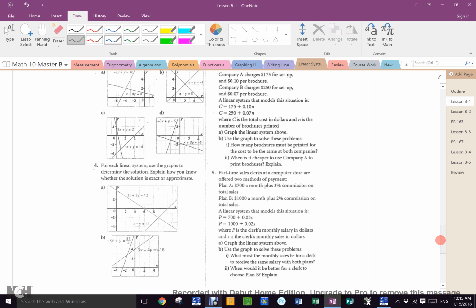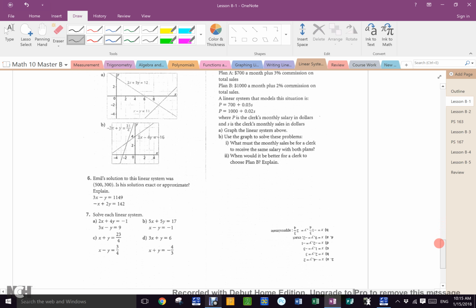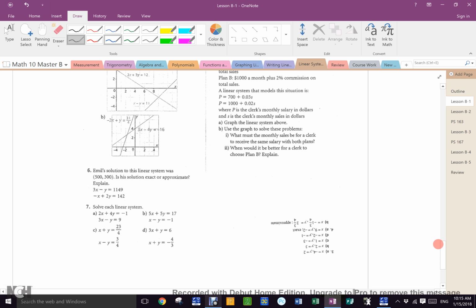And of course, you could do question number 8 and 9 on this sheet. I want you to work for 15 minutes. And then I want to show you the next method that is a better way because it always works. Not just when it's perfect.